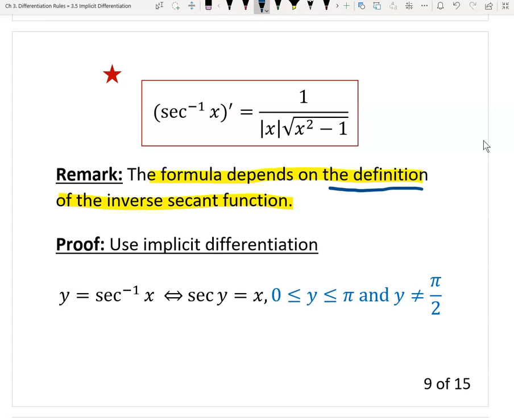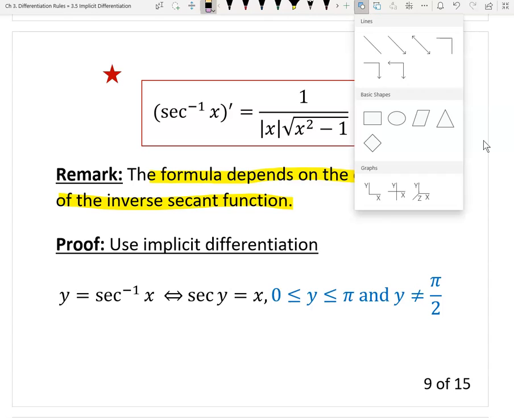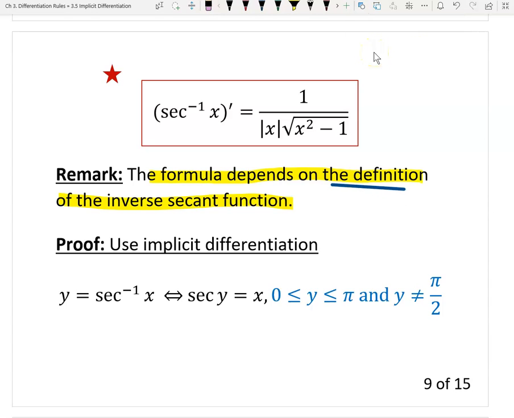And so let me see. And the definition is here. And we get it. This is the definition we used. Okay.